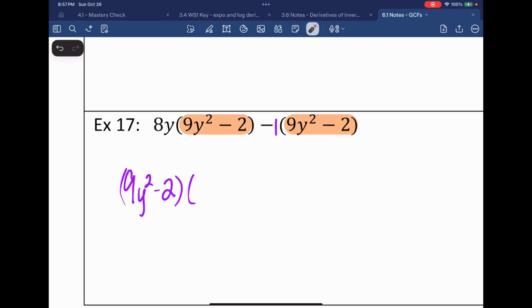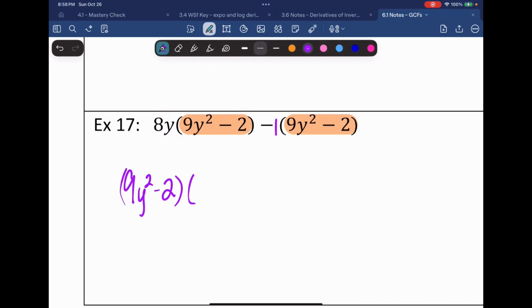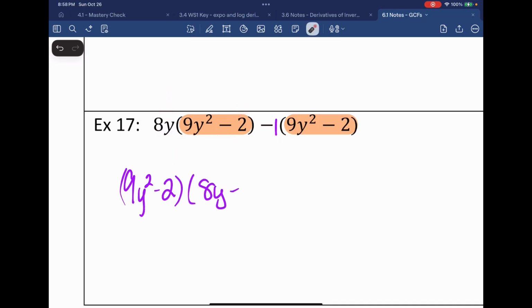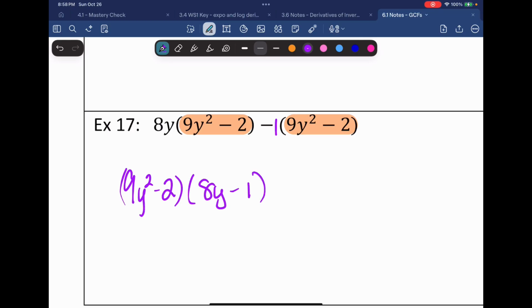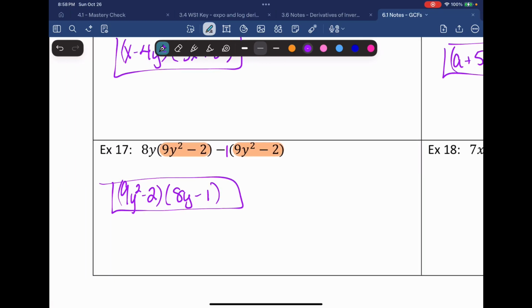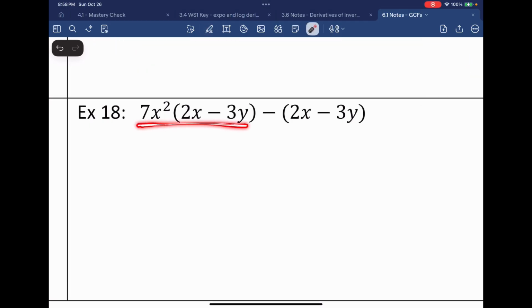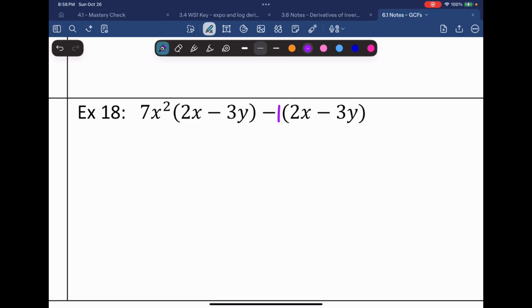So again, imagine 9y squared minus 2, common binomial factor, leaves you with 8y. 9y squared minus 2 leaves you with the 1. Okay, that one has something in front of the parentheses, but this one doesn't. Go ahead and put that 1 in front of it. Common binomial, 2x minus 3y, 2x minus 3y.